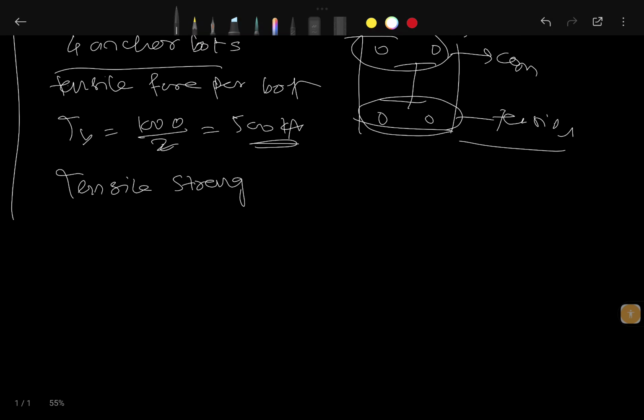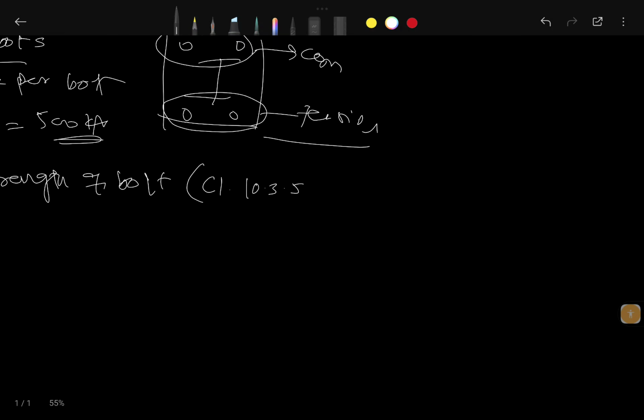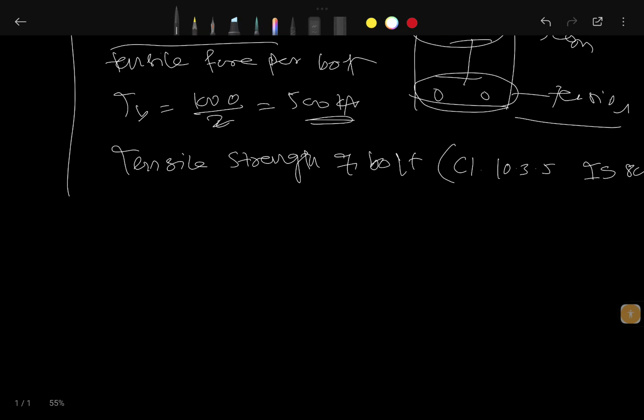Tensile strength of bolt, Clause 10.3.5 in IS 800:2007. In this clause, the tensile strength of bolt formula is given.